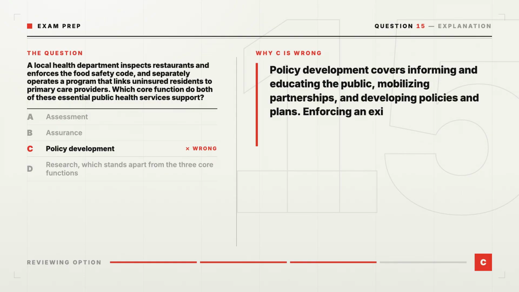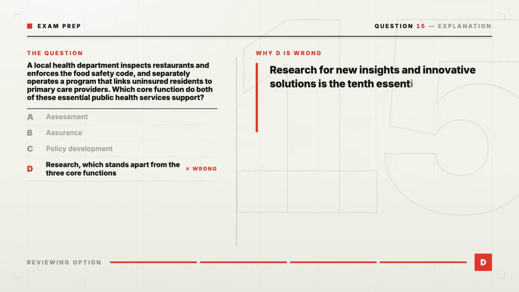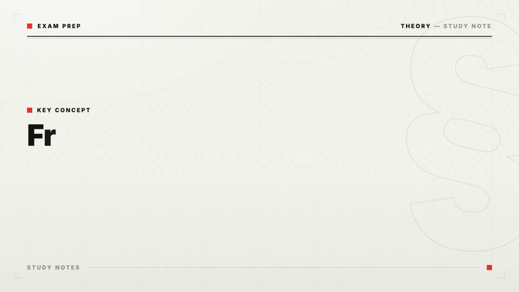Enforcing an existing code and linking clients to providers are downstream of that work. D is wrong because research for new insights and innovative solutions is the 10th essential service, and it supports all three functions rather than standing apart from them. Neither activity in the scenario is research.